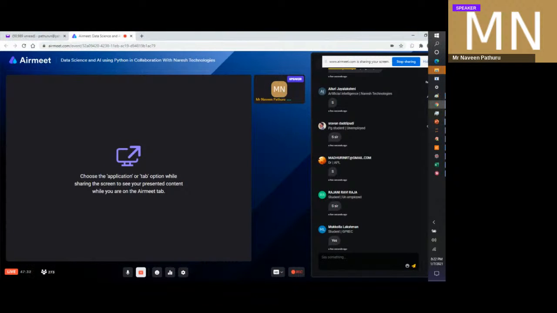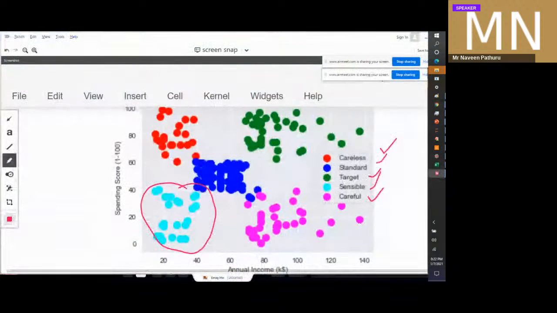What do you think a Reebok or Nike store will do with her? Cost effective, good one. So in other words, we know she's earning less, she's also spending less. If you give her a very expensive product, she'll not buy because her earnings are less and spending is less. What should we give? Maybe we should give her a discount.